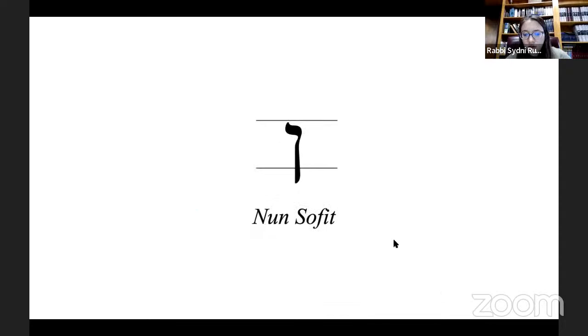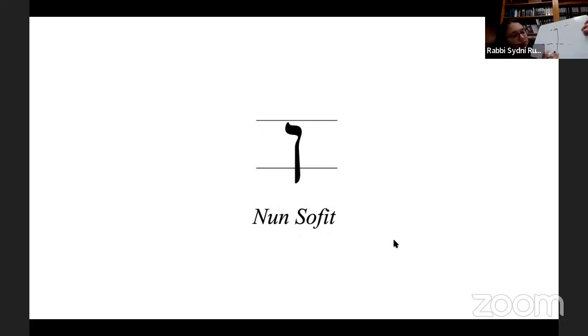Okay. The next one is a nun Sofit. And that looks like a very long vav. So if these are our lines, a nun Sofit, line number 1 is going to be this little top one. Line number 2 is going to be a very long line.